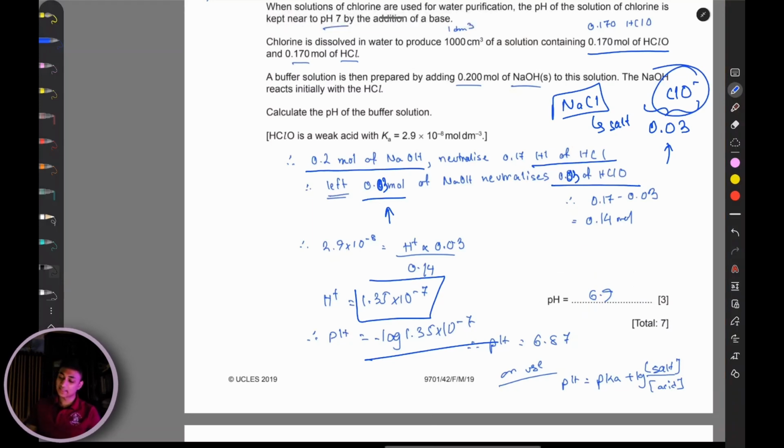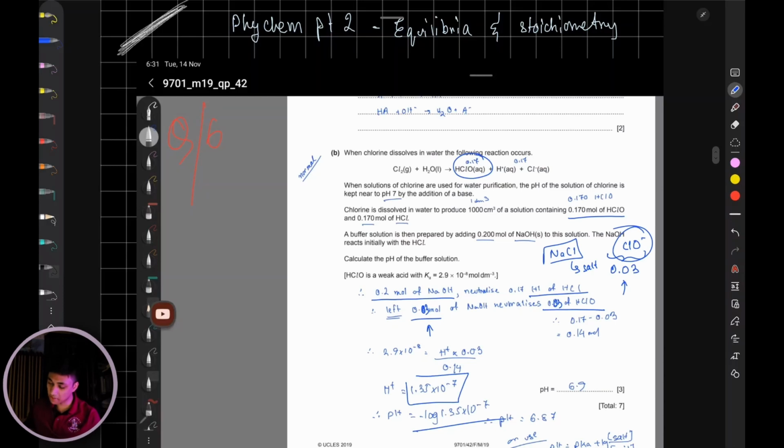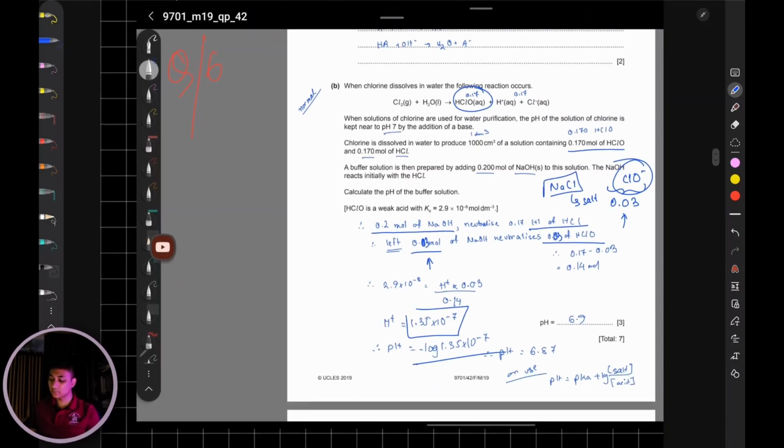Beautiful. Now notice one thing. In the question, they had mentioned that they want to keep the pH of the buffer solution around the pH of 7. And ultimately, your answer does resonate with that, right? So we know our answer is correct.